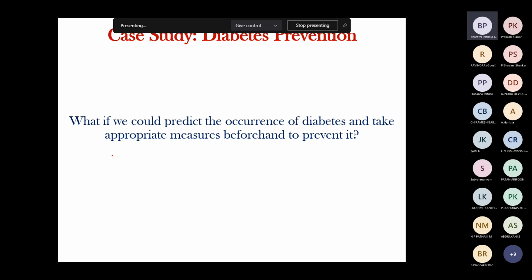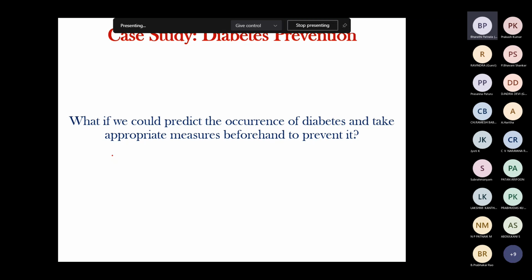Is there any chance of diabetes occurring in a particular person? And also you can take appropriate measures. Sometimes the patient doesn't have diabetes, but there may be a chance of getting diabetes in future. At that time, you have to give appropriate measures beforehand to prevent that. In any disease, there is no cure, but there is a prevention model.